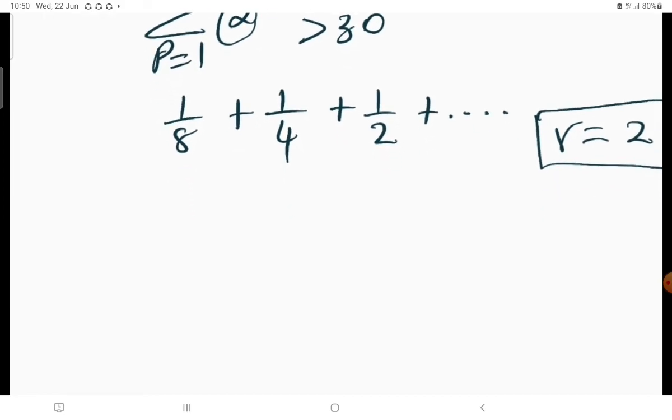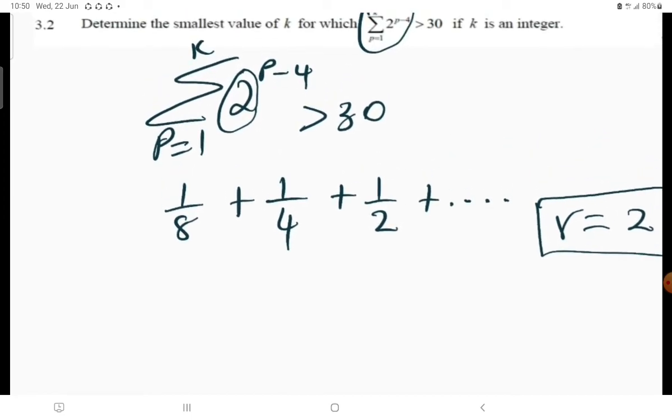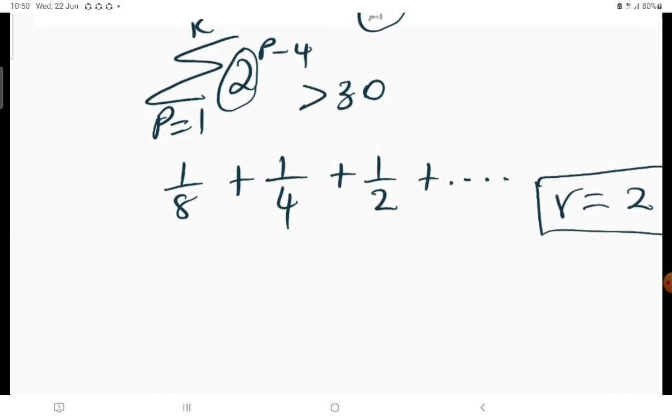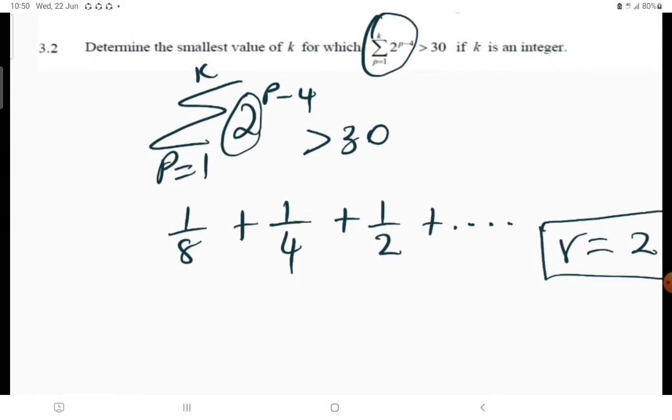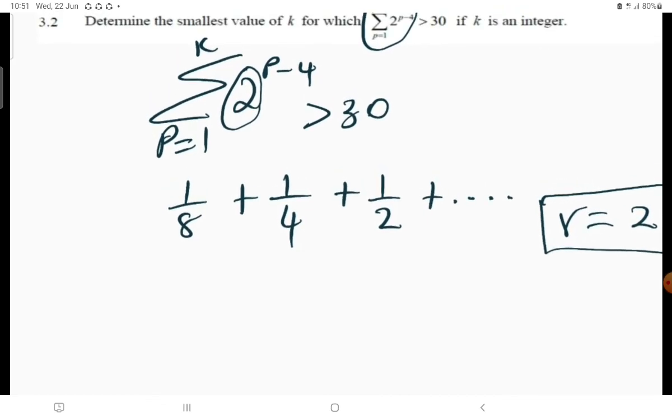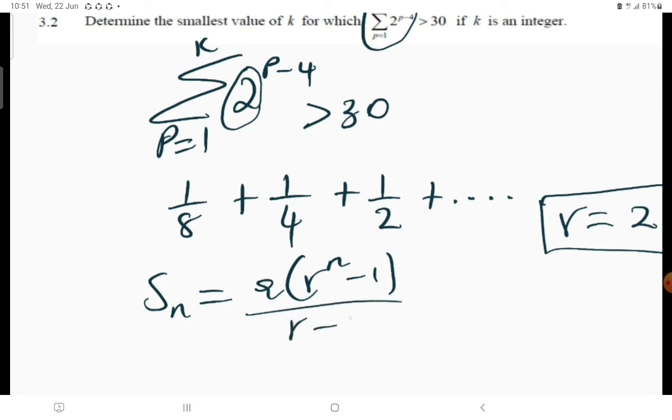Now we are looking for the sum. We have the sum of this geometric series, which is diverging. Let's first write the formula: a times R to the n minus 1, all divided by R minus 1.